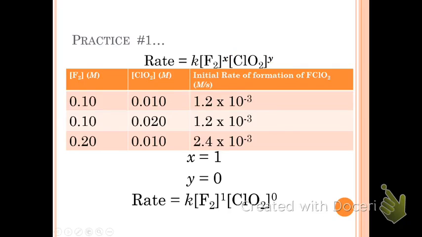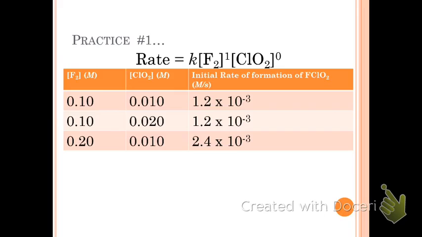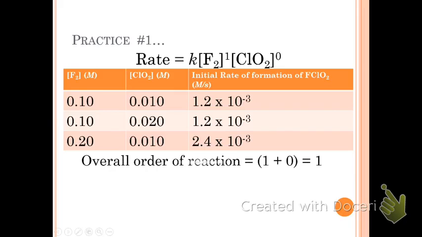That gives me that rate is equal to constant times F2 to the first power, ClO2 to the 0 power. And I also now know that my overall order for my reaction is going to be equal to 1.